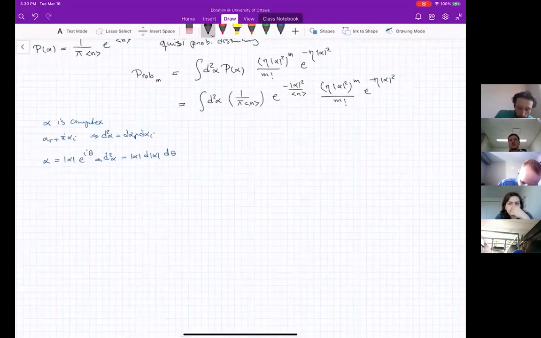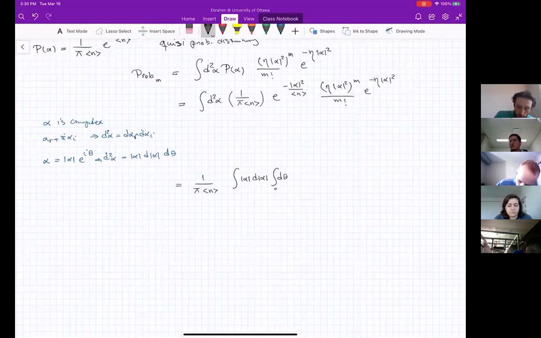Let's do the calculation. The probability of detecting m photons with an efficiency of eta is then given by 1 divided by pi times the average photon number n, integral of d2alpha, which now is absolute value of alpha, d absolute value of alpha, integral of d theta. Theta changes from 0 to 2 pi, and the absolute value of alpha changes from 0 to infinity.